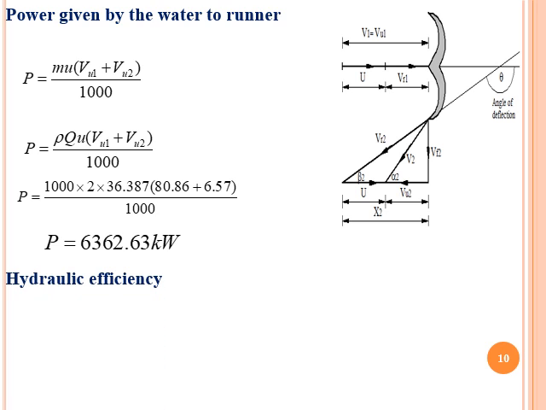Now calculate the hydraulic efficiency. The hydraulic efficiency is a ratio of 2 into u into VU1 plus VU2 by V1 square.